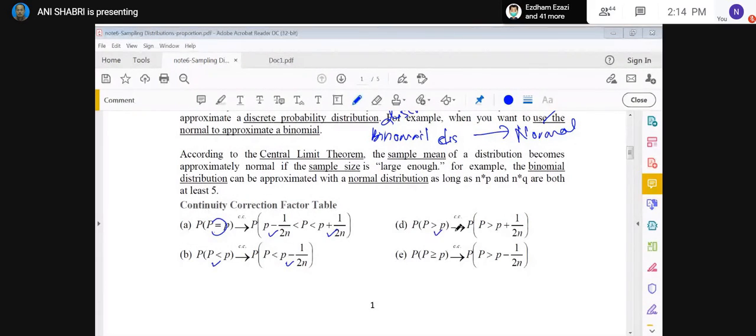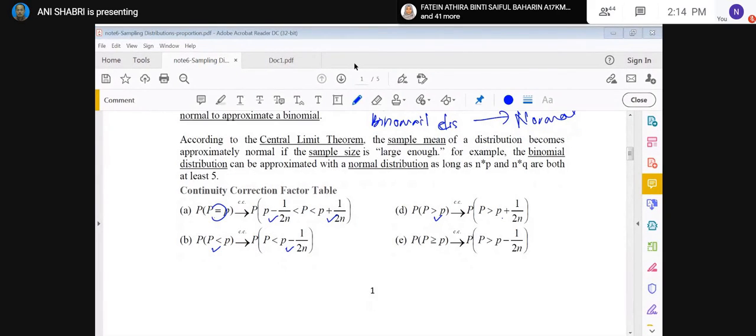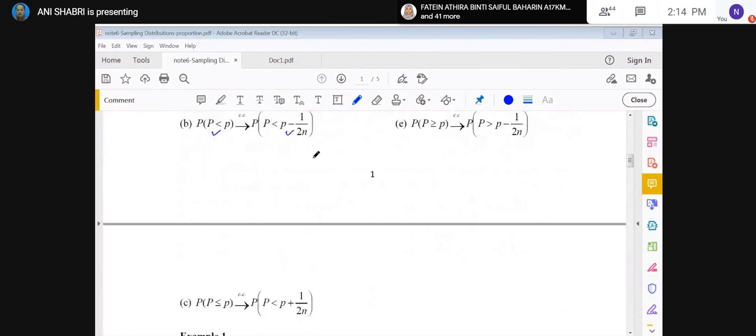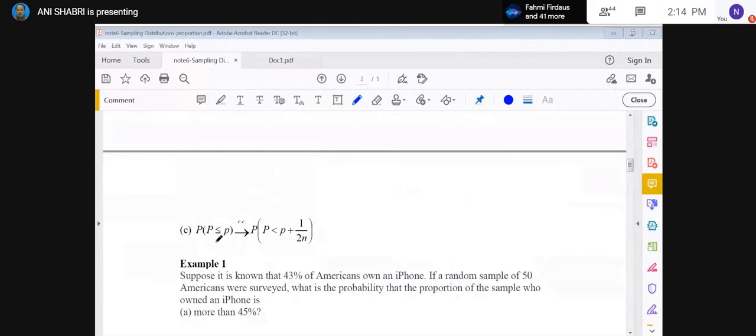If greater, we must plus. If greater or equal, you must minus. You must memorize this formula. If less or equal, you must put plus 1 divided by 2n.